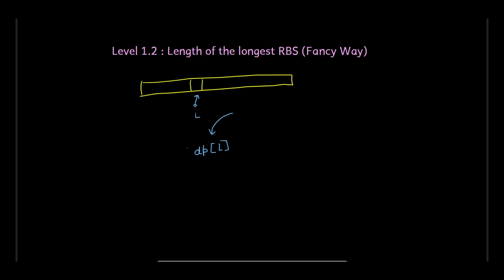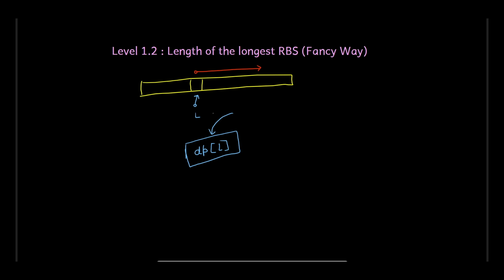But this DP definition just helps to signify what we are trying to compute, even though we will not be using the answer from the subproblems. So we'll say that DP of L means the length of the longest RBS that starts at this index. It can end at any index on the right hand side.